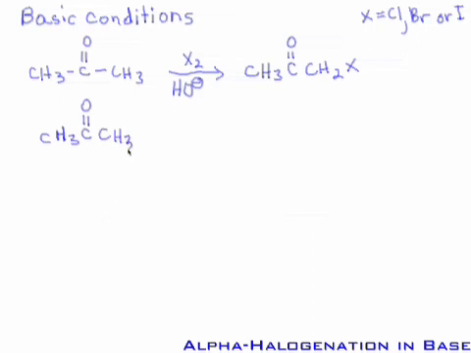This is because of the increased acidity that alpha-hydrogens possess because of the neighboring carbonyl. So if we hit this with hydroxide, hydroxide will come in, grab a proton, it becomes water, of course, and you end up with a carbanion.